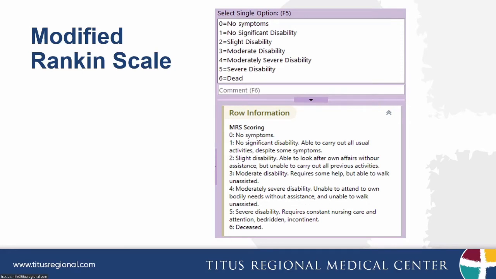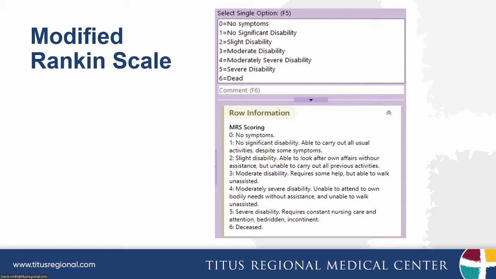Then again it was modified to 0 to 6 in 2008. There is some speculation there. When first invented, it had only 5 numbers, but now it is 6. 0 stands for no symptoms, while 6 stands for the patient being dead.